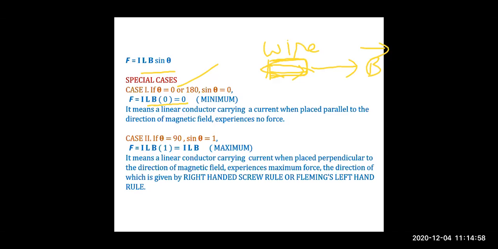It means that the linear current carrying conductor, when placed parallel to the direction of magnetic field, experiences no force. Right, children? So here they are going to experience no force. Now the next case, that is when the theta is 90.